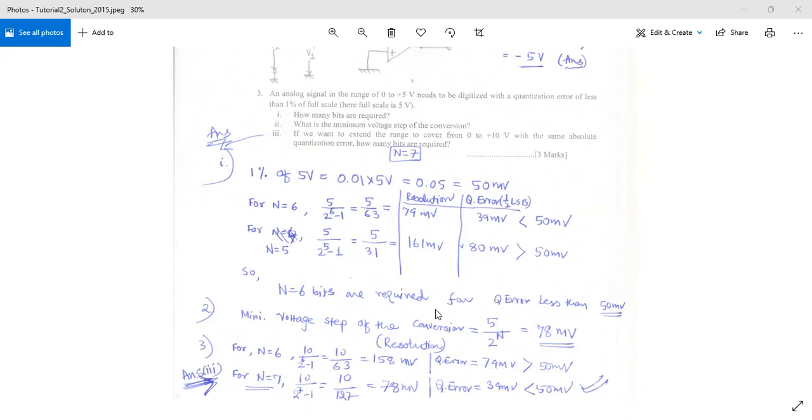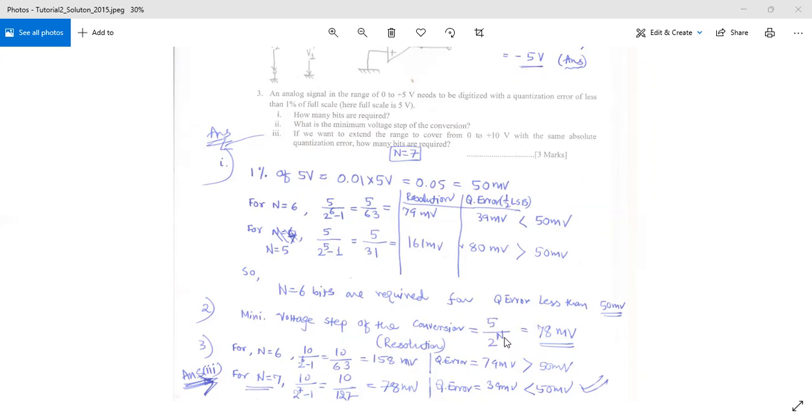The other thing, when you are reading, please ensure that there are 2 ways of calculating the resolution. You'll come across this when you are doing your reading and your revisions as well. If you search through the internet or through the textbook, there are 2 different resolution formulas given.